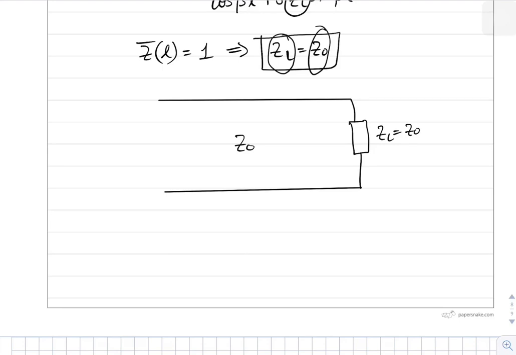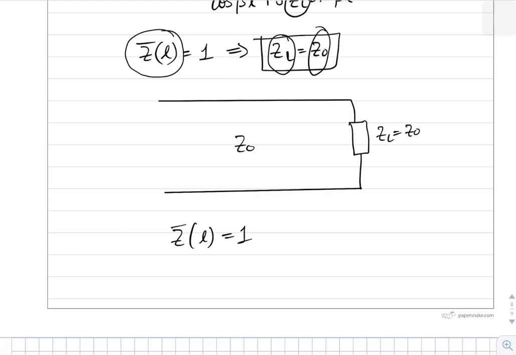In such scenario, ZL bar equal to 1, which represents whatever the length of the line that you take, the normalized impedance remains 1. That means if you take a transmission line whose characteristic impedance is ZO, and terminate it with ZO, then if you measure the normalized impedance here, or here, or here, or any point on this transmission line, the normalized impedance remains constant.